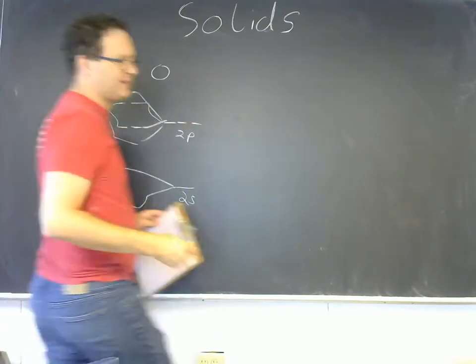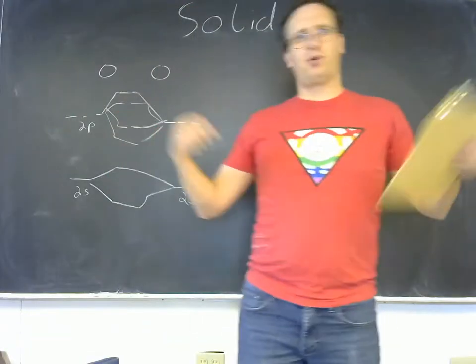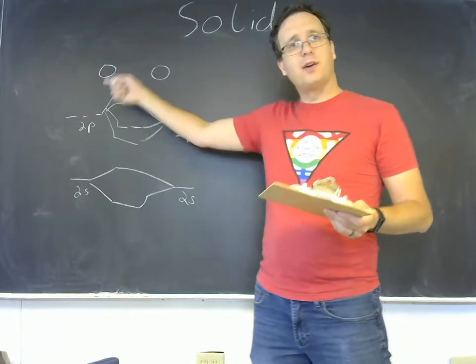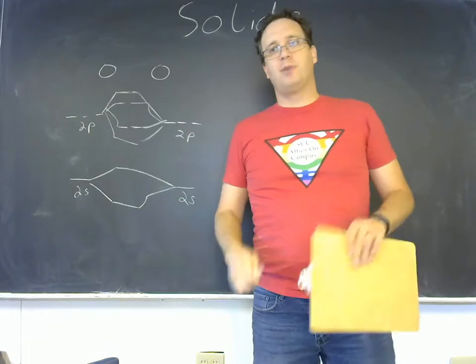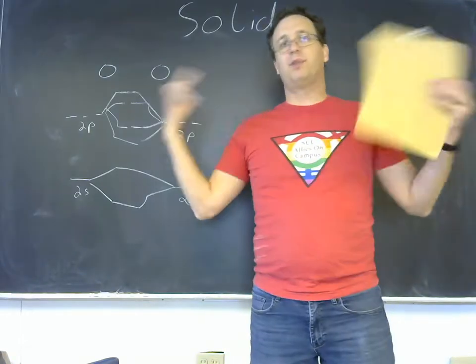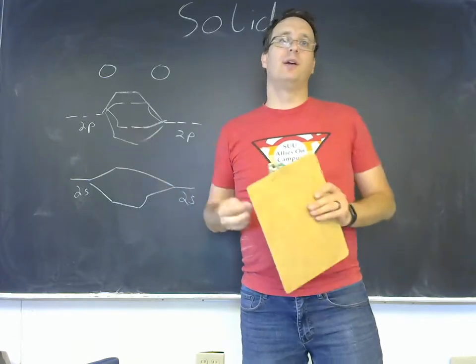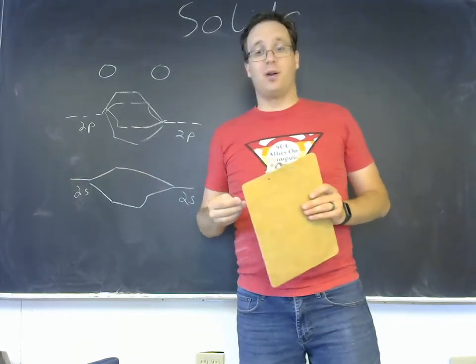Well, if we take molecular orbital theory and we put it on steroids and say we're not just going to combine the energy levels of two bonding partners, but let's take 10 billion atoms involved in a metallic bonding scenario and combine all of their energy levels.